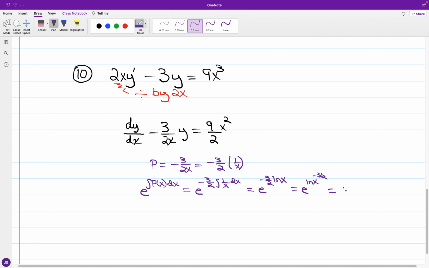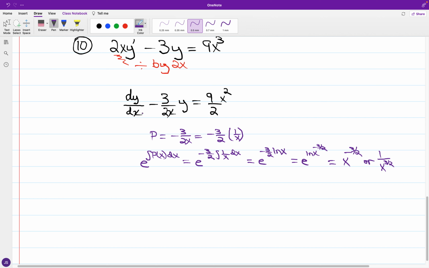And so we can say we have x to the negative 3 halves, or rewrite this as the reciprocal of x to the 3 halves.